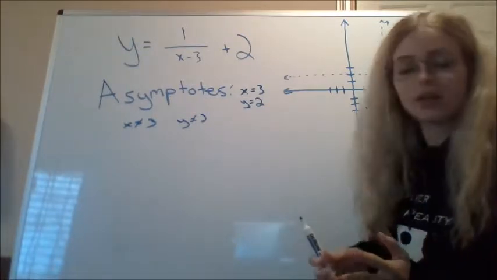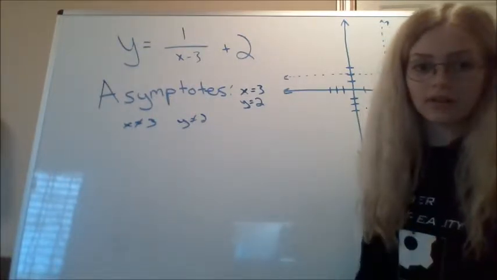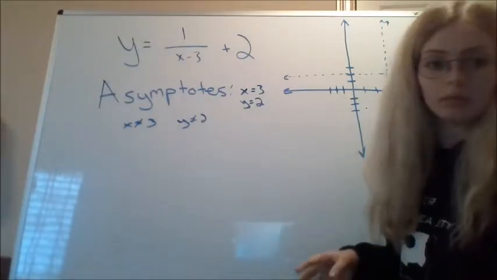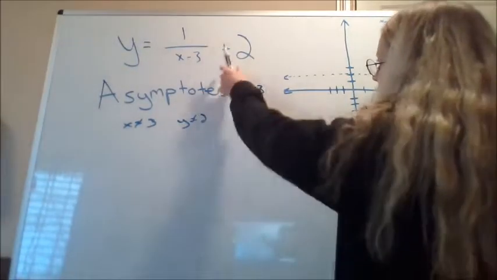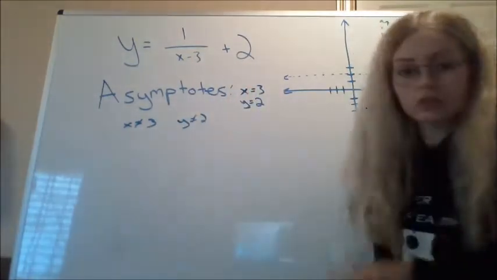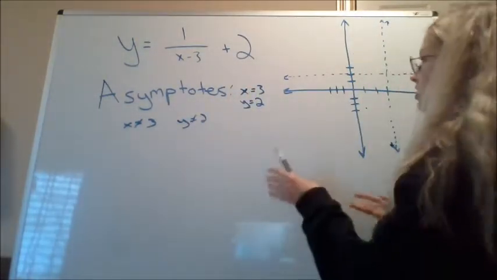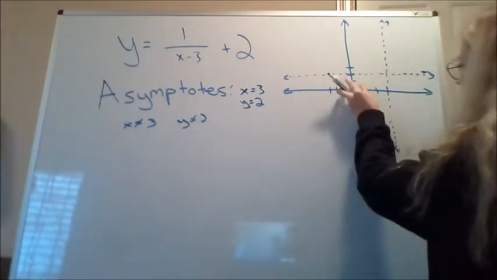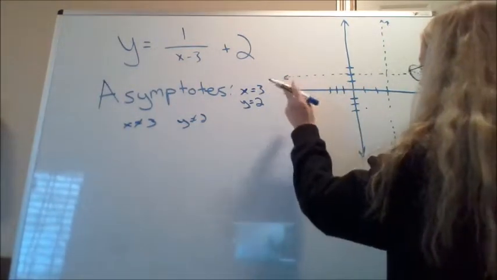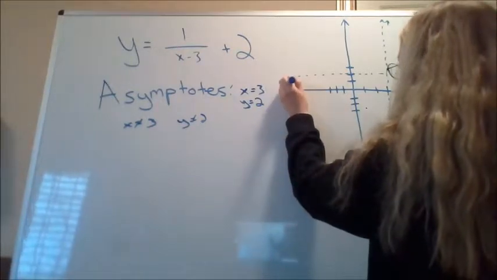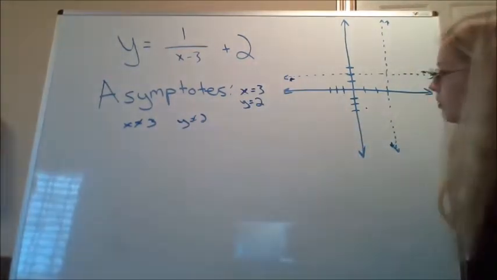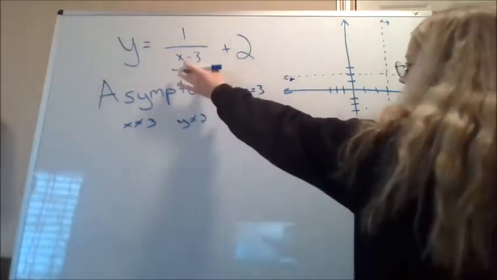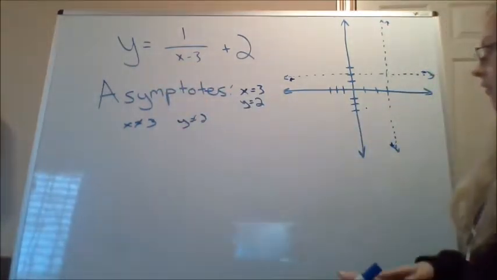And if we were to put in an even more negative, very big negative number, we would get a value even closer to 2, but still not 2, and still less than 2. So if we have very, very negative values of x, we're going to approach y equals 2, but we will forever be less than 2, since this fraction will always be a negative value.